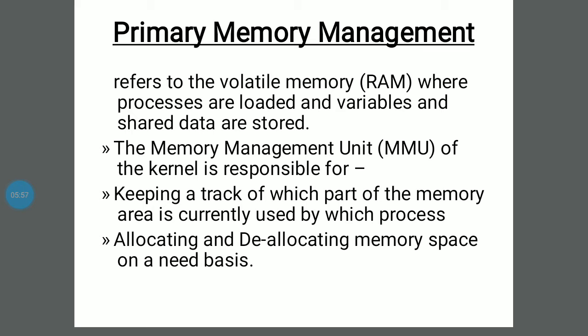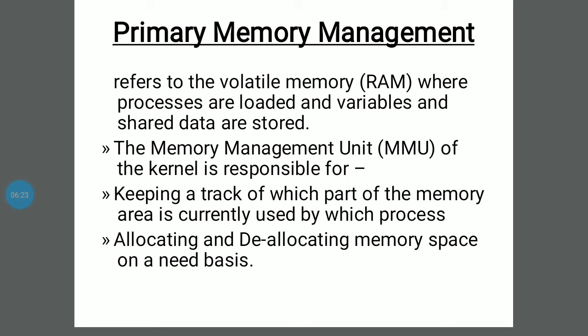This MMU, memory management unit, keeps track of which memory is used and which is not, and allocates and deallocates memory space on a need basis. If an allocation is needed, the MMU decides whether to allocate it contiguously.